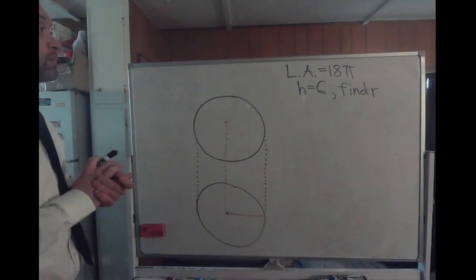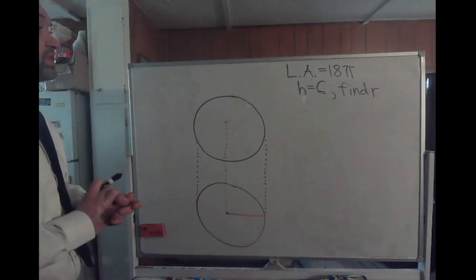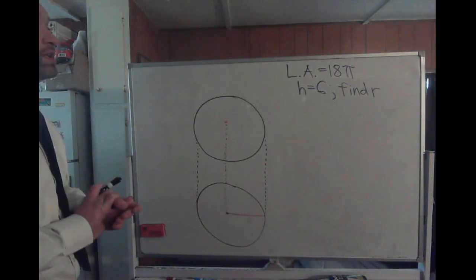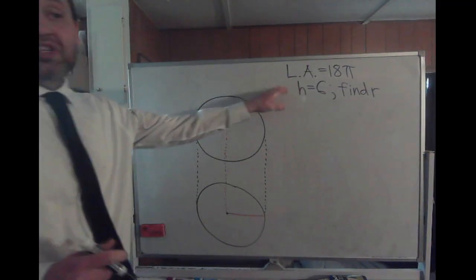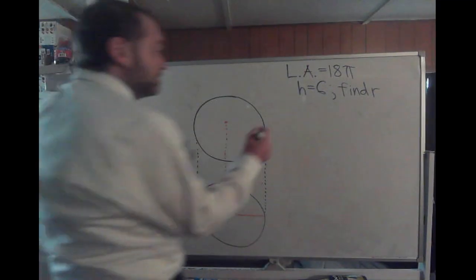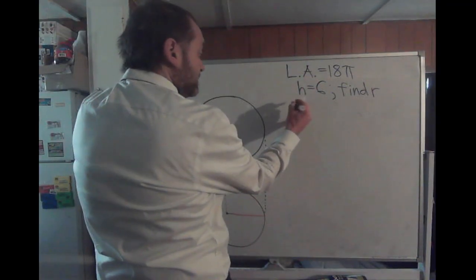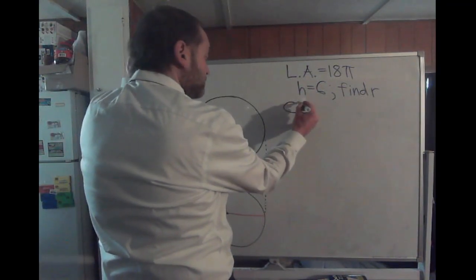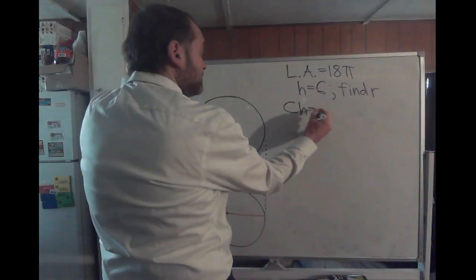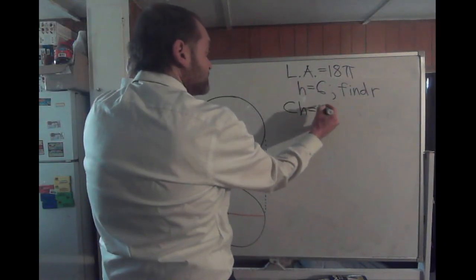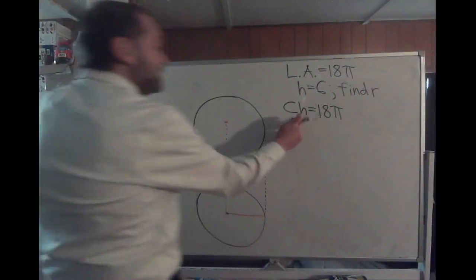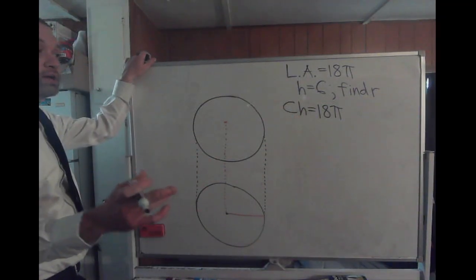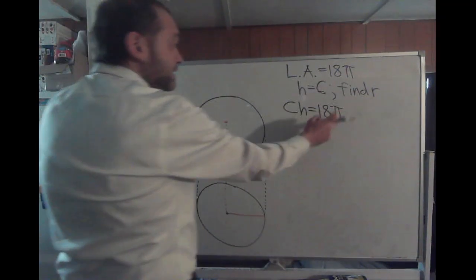Well, here's the thing. What is the formula for the lateral area if we're ultimately going to solve for r? The lateral area formula is really the circumference of the circle times the height. That's going to equal, of course, your actual lateral area of 18 pi. So take your formula for the lateral area, set that equal to what the lateral area is given.